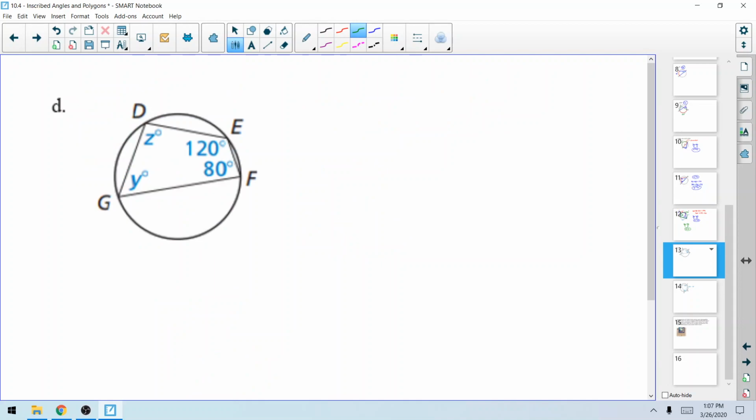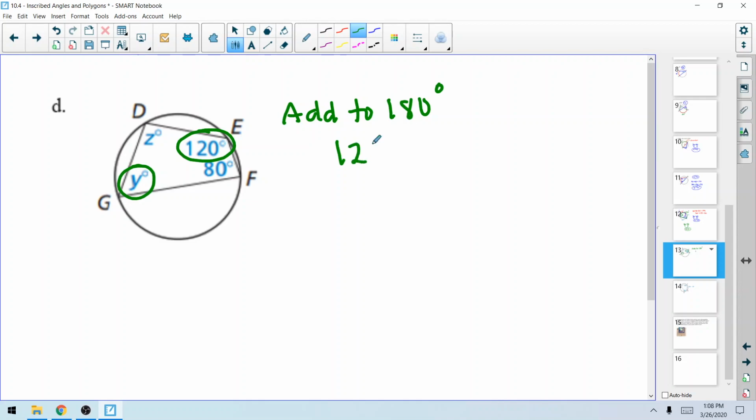Next one, letter D. We have to find y, and we have to find z. On this one, I'm looking, it's a quadrilateral. First thing I'm going to look at is this guy, and that guy. What do we know about opposite angles in a quadrilateral if it's inscribed inside of a circle? And I'm hoping you're thinking that they have to add to 180 degrees. They're supplementary.